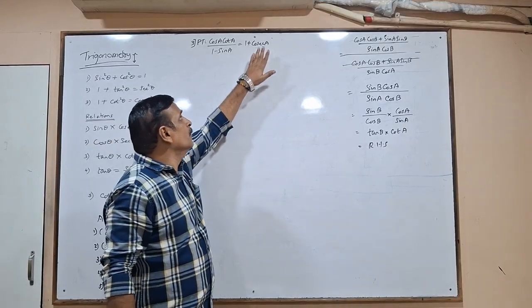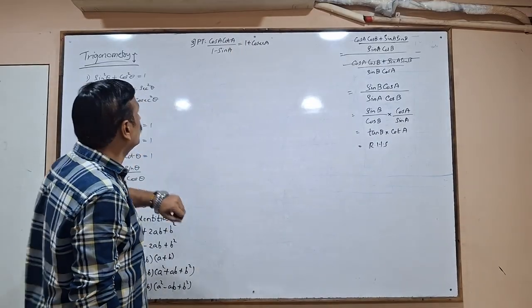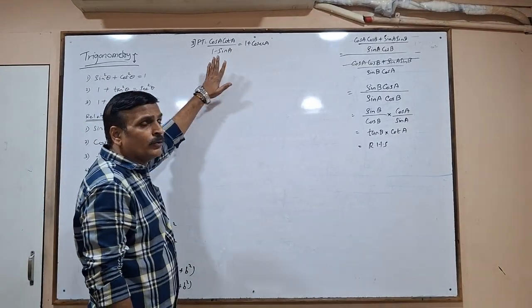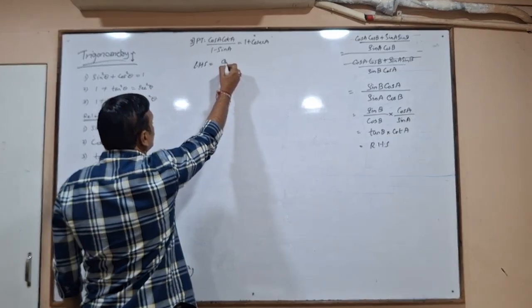There is no denominator on the right hand side, so I should remove the denominator. For removal of the denominator, I will go with LHS only.